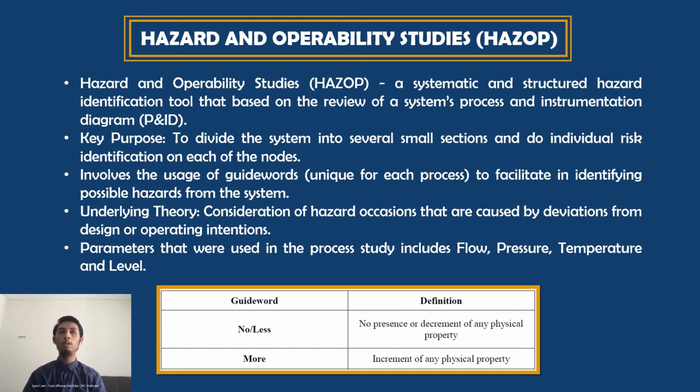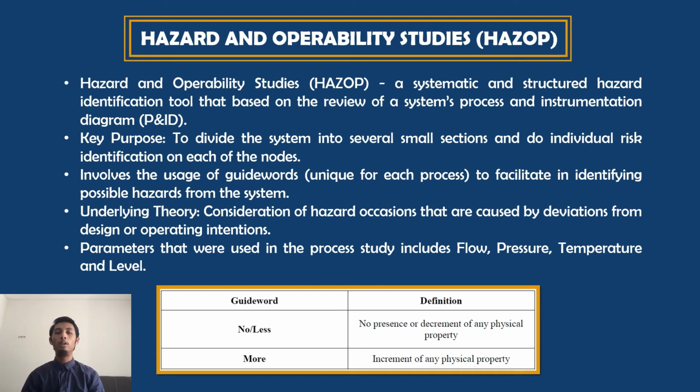For the HAZOP, the underlying theory is consideration of hazard occasions that are caused by deviations from design or operating intention. Deviation is the combination of guide word and parameters. For example, the parameters used in this HAZOP are flow, pressure, temperature, and level.